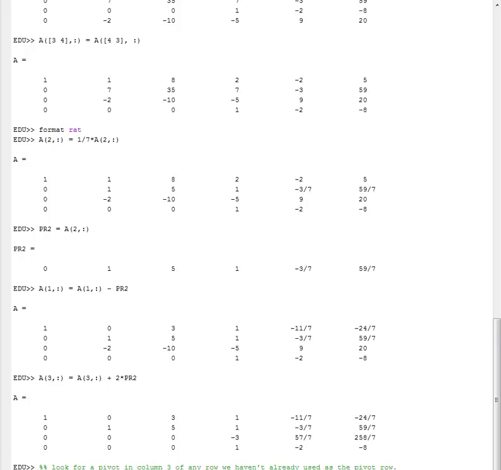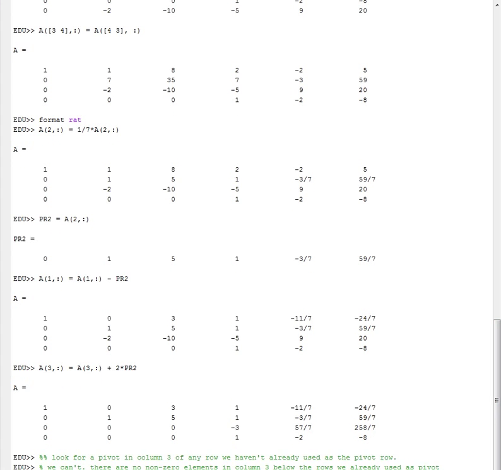Well, it looks like there's no pivot because these terms are all zeros. So there can't be any one term here. There's no non-zero terms to work with. So it's not really a problem. We just move on to the next column, and we just leave this column 3 alone.